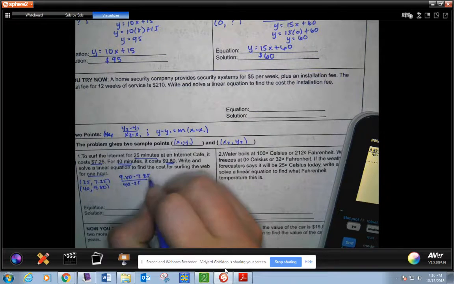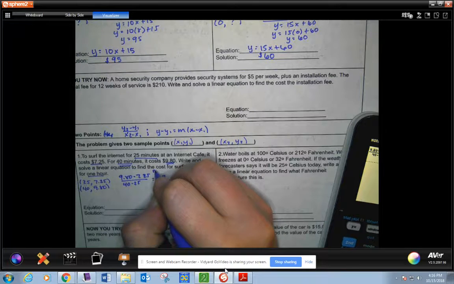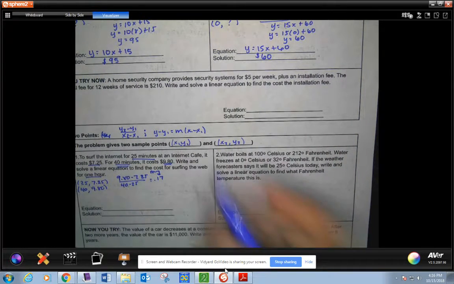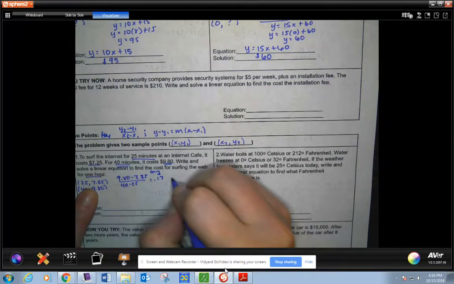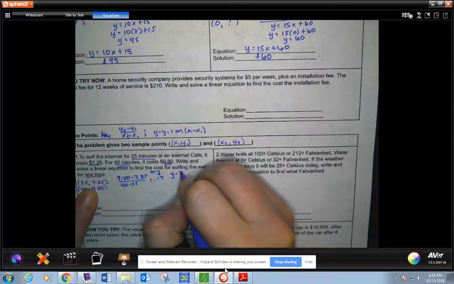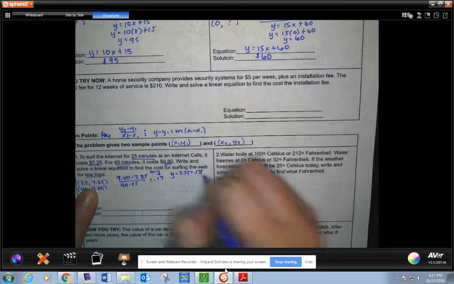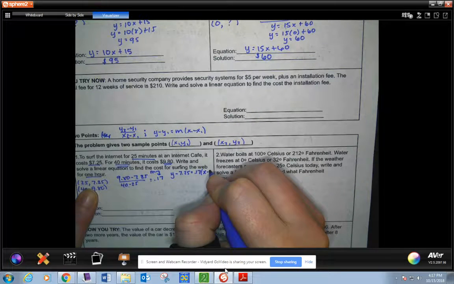Since we're talking about money, decimals are great. So 0.17. Okay, this is my m. Now I just need to pick a point and plug that into y minus y1. So I'm going to just use this first point. I'm going to do y minus 7.25 equals 0.17 times x minus 25.